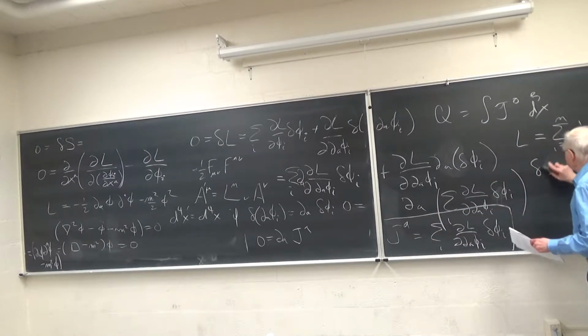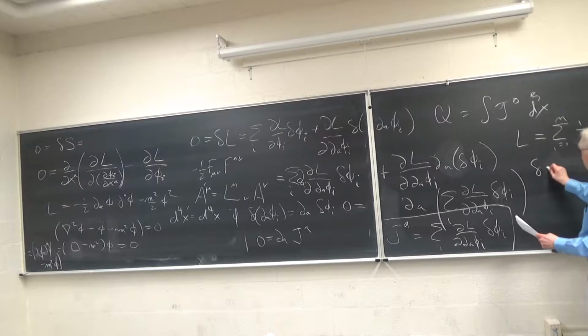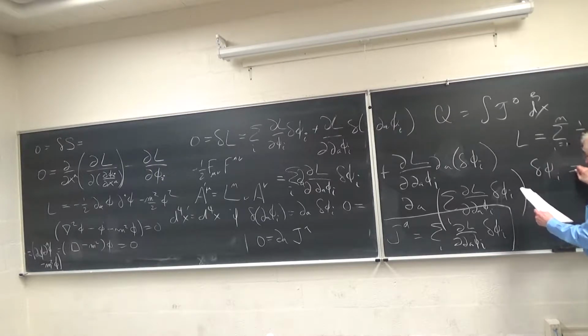The O(N) symmetry is that the change in phi_i is epsilon times a sum over j of a_ij phi_j, where a_ij is minus a_ji. So these antisymmetric matrices generate orthogonal transformations, and so the change in phi_i is this.